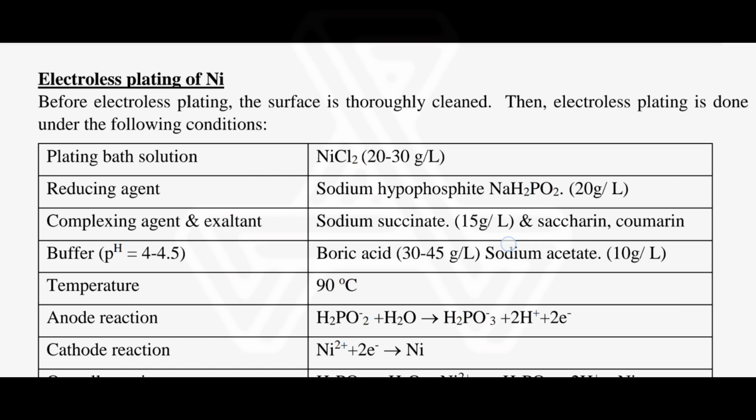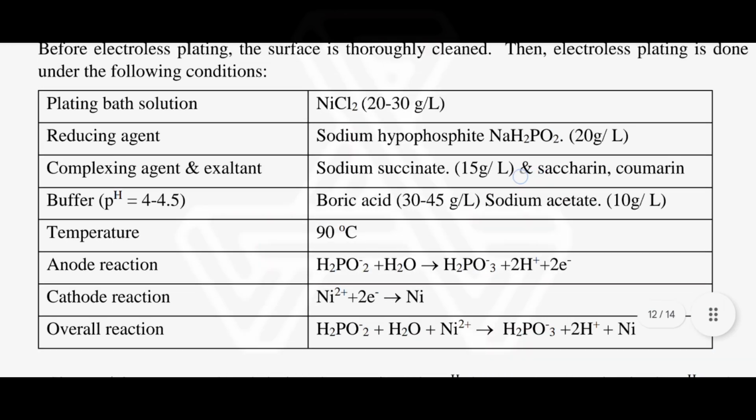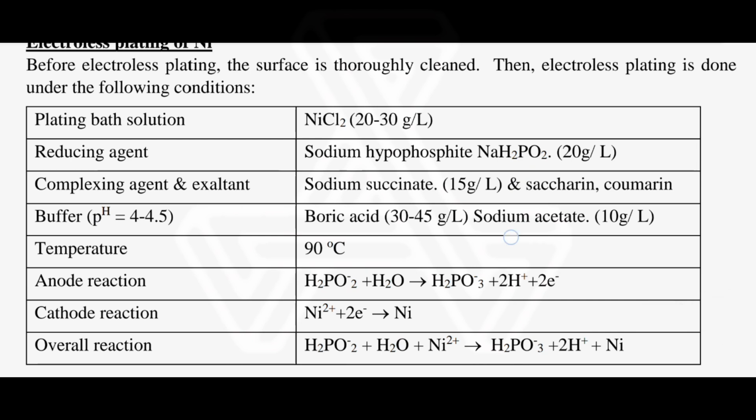Before electroless plating, the surface is thoroughly cleaned. Then electroless plating is done under the following conditions. Plating bath solution: NiCl2, 20 to 30 grams per liter. Reducing agent: sodium hypophosphite, NaH2PO2, 20 grams per liter.